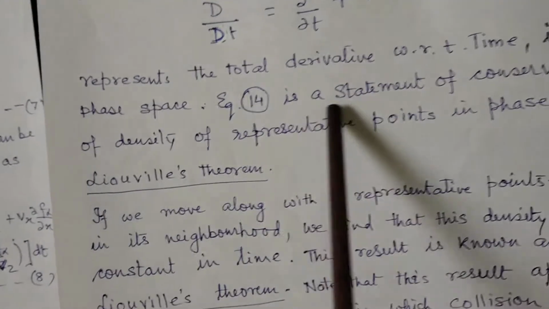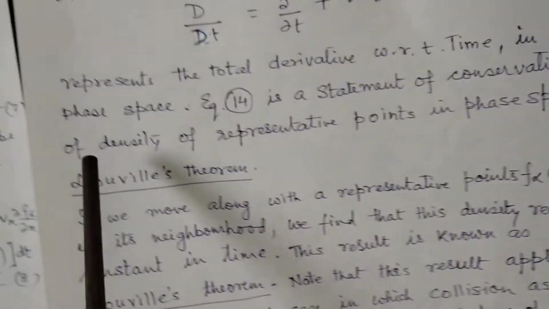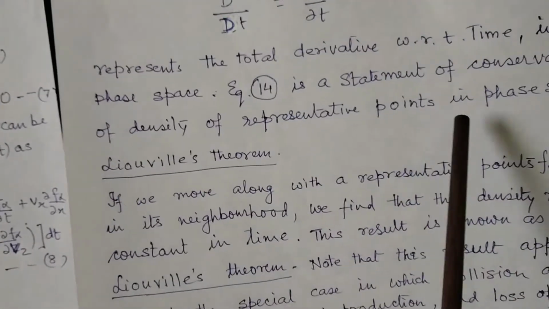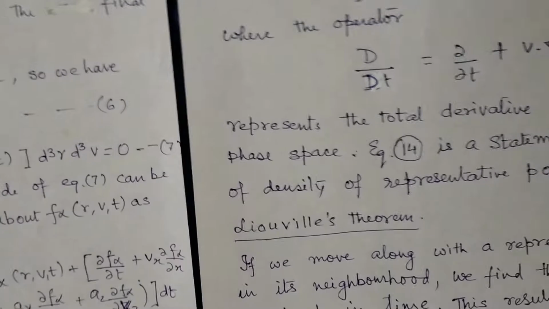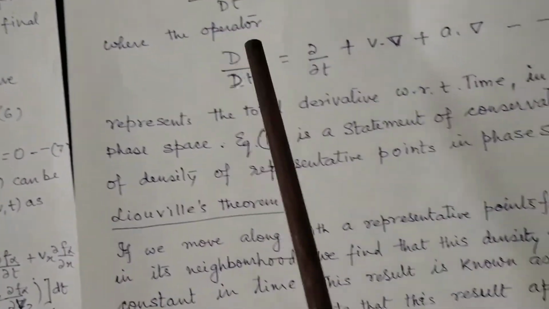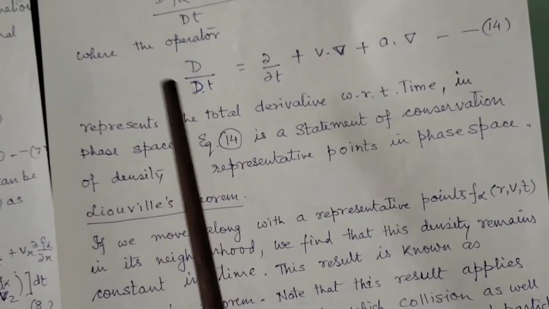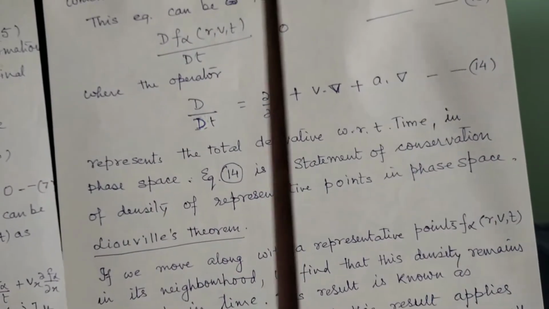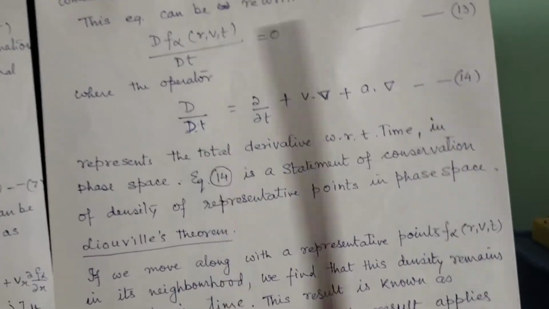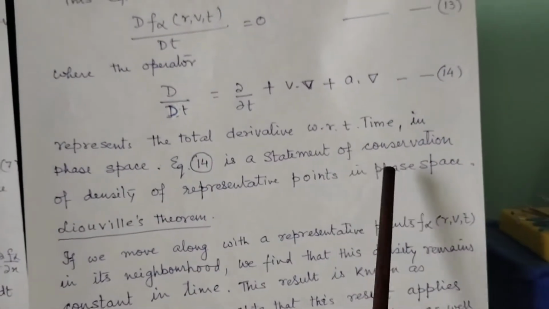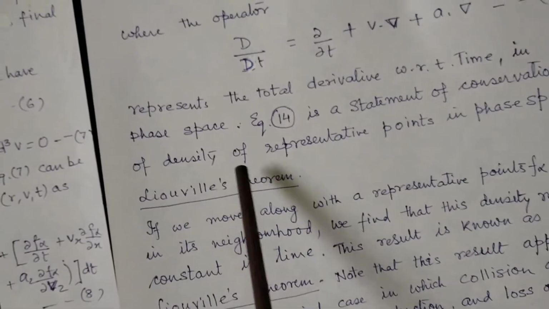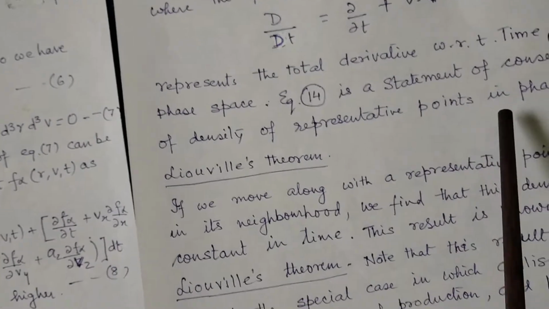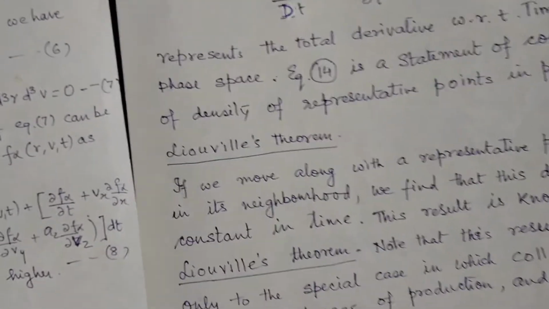Now, equation 14 is a statement of conservation of density of representative points in phase space. So the Boltzmann equation, which is represented by equation number 13, is a statement of conservation of representative points in phase space.